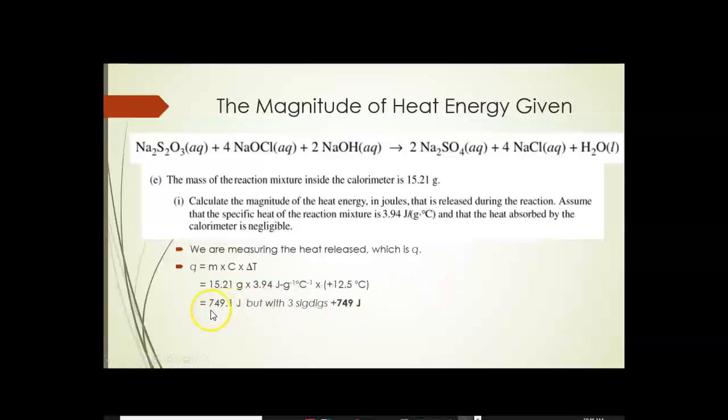So that's 749.1 joules, but we've only got 3 significant digits in the temperature change and the specific heat. So 4, 3, and 3. You can only have 3 significant digits, so plus 749 joules. That's Q. Heat is released, so Q is positive.